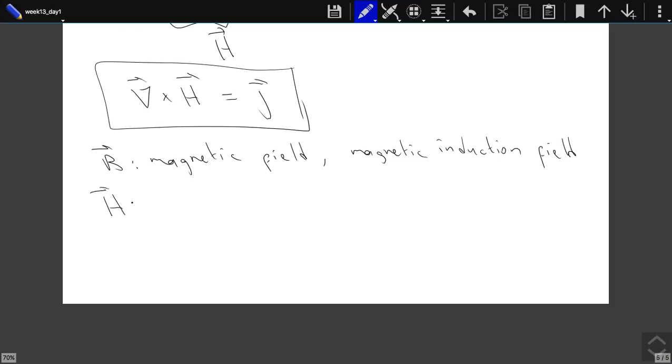This H field, well, if the B field is called the magnetic field, then it's usually called just the H. It doesn't really have a special name. In some places where the B field is called the magnetic induction field, H is called the magnetic field. Just keep in mind that they have different names, and in different texts, their names are just intermingled with each other. Just to be on the safe side, say H field and B field.